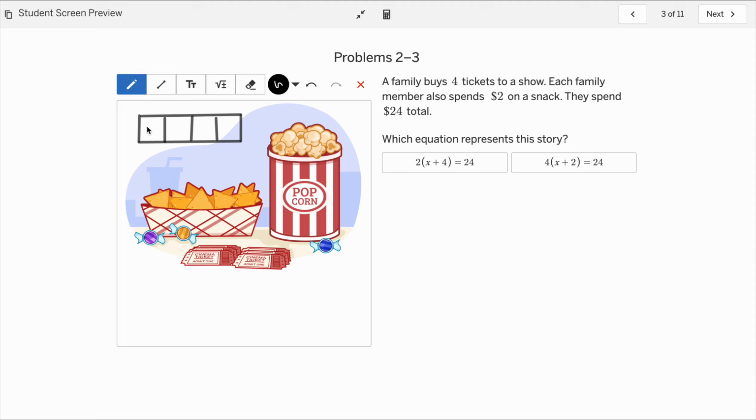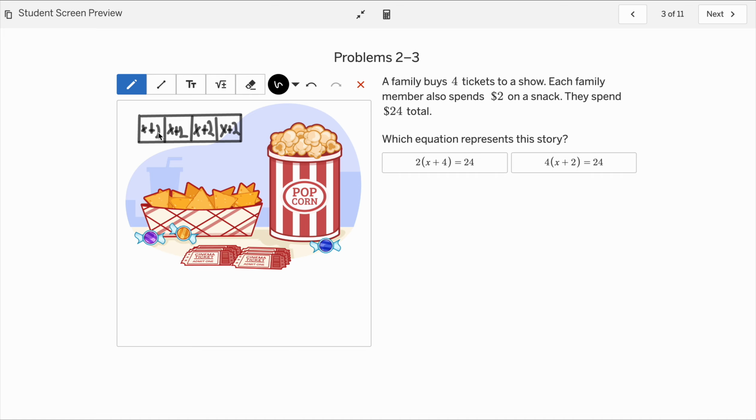So they spend X dollars on the ticket and $2 on snacks. X dollars on a ticket and $2 on a snack. Same here. And then X on the ticket and $2 on a snack.